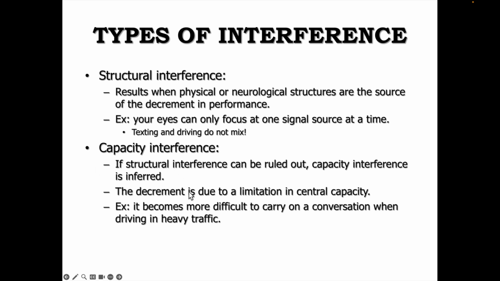Capacity interference states that if structural interference can be ruled out, we think that capacity interference is what's causing the decrease in performance. This is due to a limitation in your brain's capacity to focus on both tasks at one time. For example, while driving in heavy traffic, it becomes a lot more difficult to carry on a conversation.